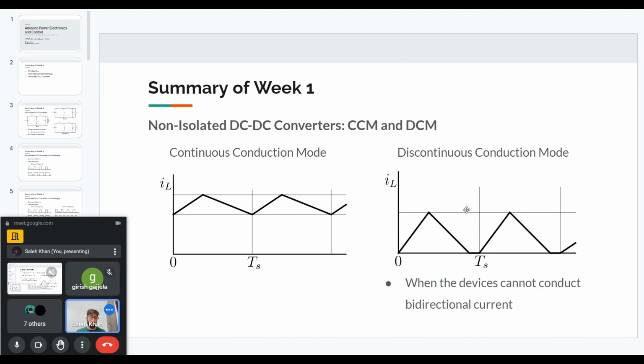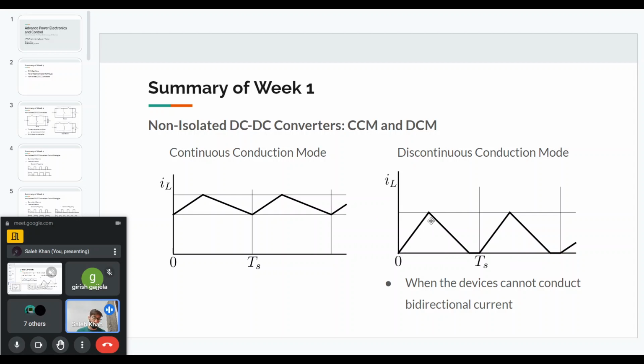If, however, they both have bidirectional current capability, then we will not have discontinuous conduction mode. Even if our average current drops, we will still have continuous conduction mode.